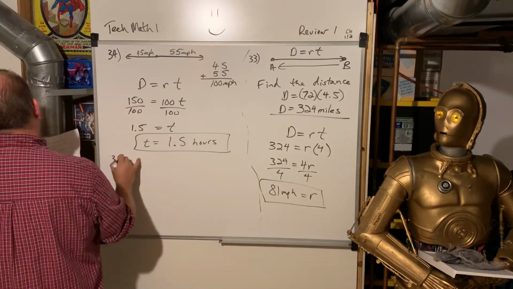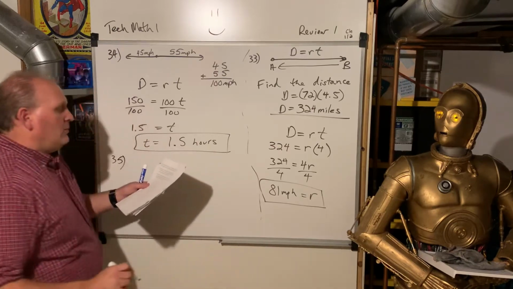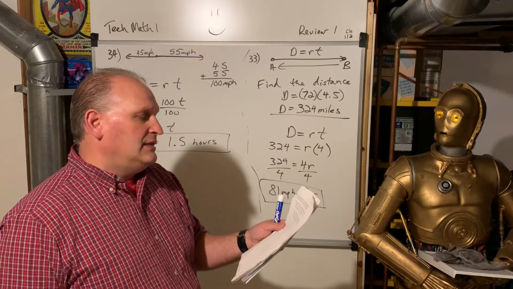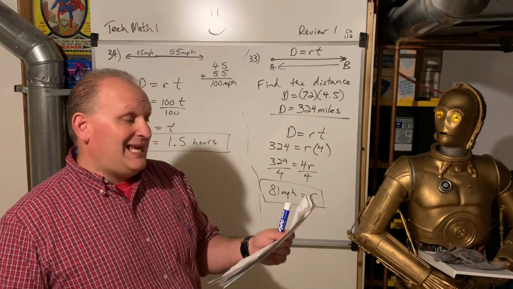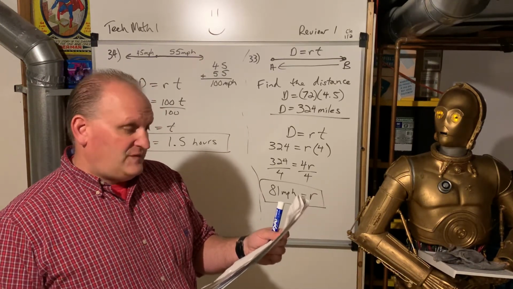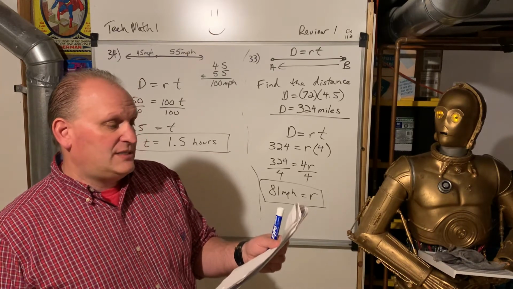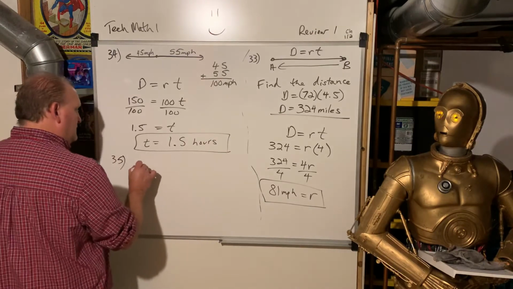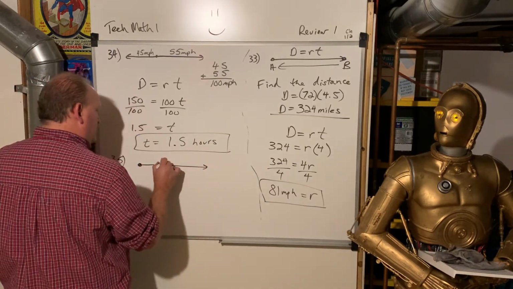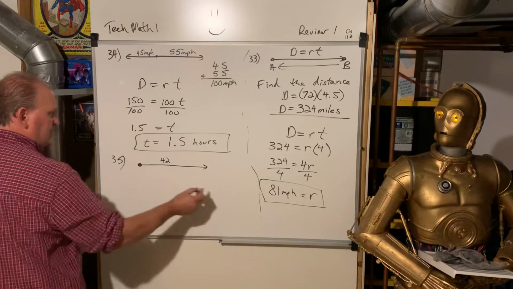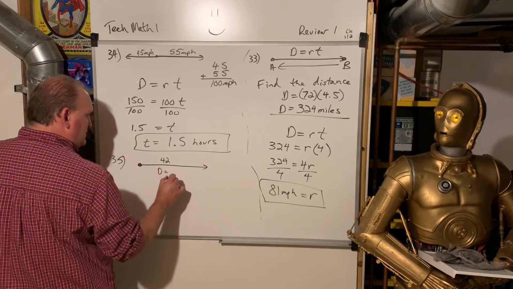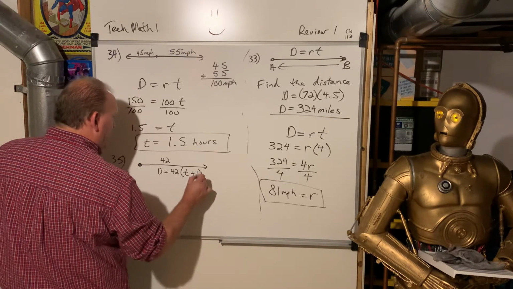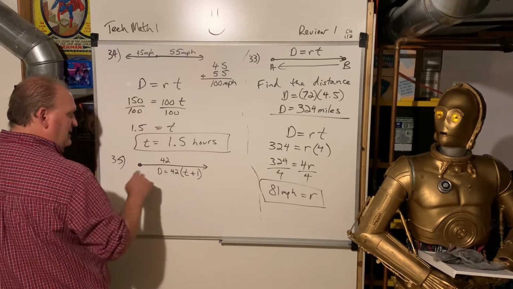And then 35 is very similar to that. One car leaves traveling 42 miles per hour. A second car leaves the same motel an hour later going 56 miles per hour. How long does it take the second car to catch the first one? So one car leaves at 42. So this one is going to be distance is equal to 42 miles per hour times t plus 1, because he's got an hour jump on the other person.